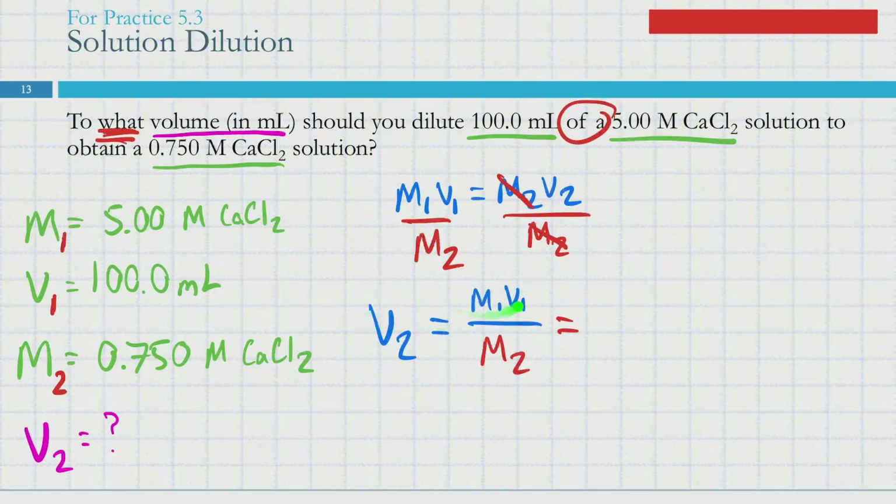Okay, so for V2, we're going to put M1 and V1 on top. M1 is 5.00 molar, moles over liters CaCl2, so I'm swapping in moles over liters for the molarity, times V1, which is 100 milliliters. Got to include that 0.0.